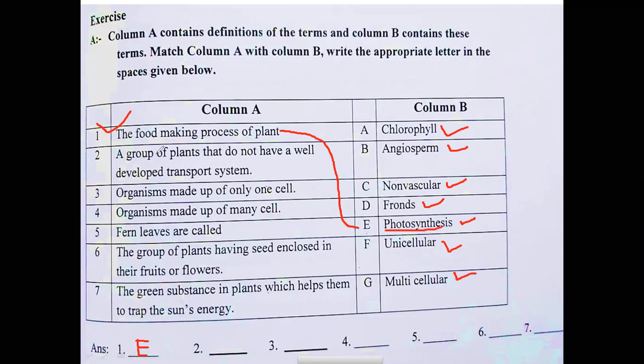Okay. Now number two. A group of plants that do not have a well-developed transport system is called, what is this called?